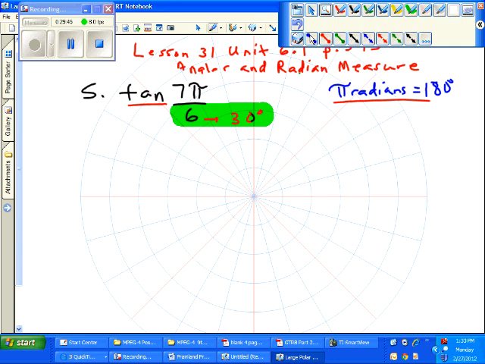Now, we also need to know what quadrant. Pi is 6/6. So 7/6 is 1/6 past that, and a sixth is 30 degrees.